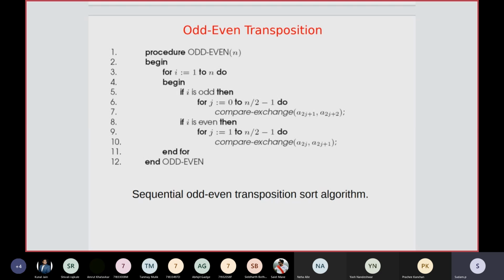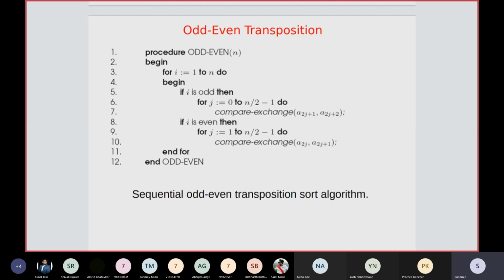So in case of the even step, compare exchange a[2j], a[2j+1]. That is, the elements having the index 2, 4, 6, 8, 10, likewise, will be compared with their right neighbor, that is 3, 5, 7, 9, 11, in this way.